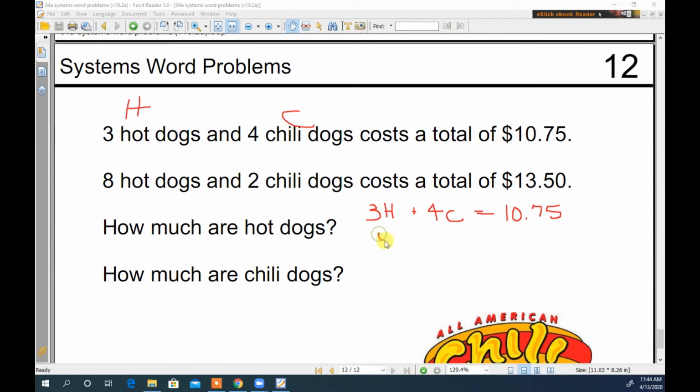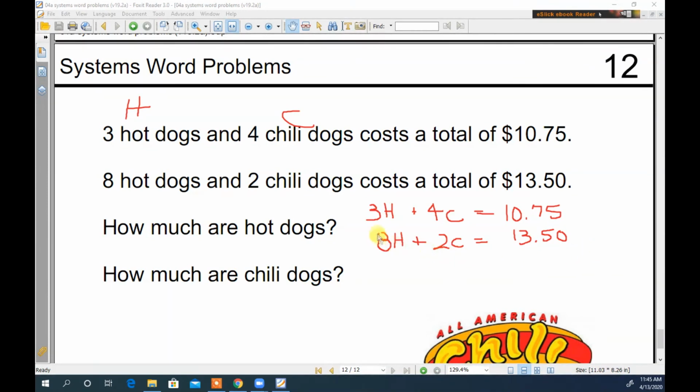And 8 times my price of hot dogs plus 2 times my price of chili dogs equals 1350. So those are the 2 equations that would model this.